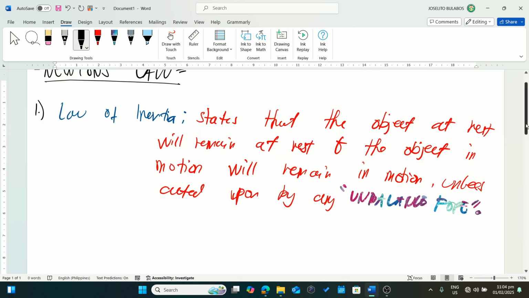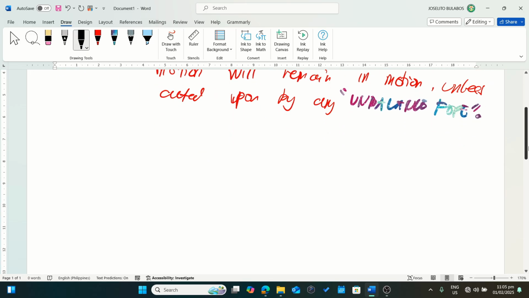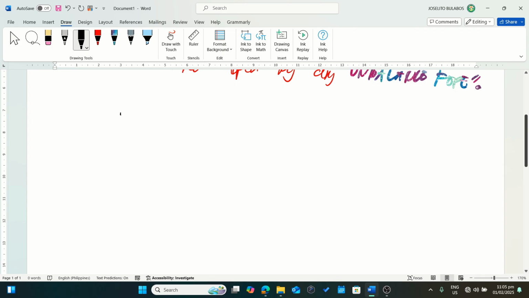Okay, let us go back to our first law. So just like earlier, we defined the first law as this one. It states that the object at rest will remain at rest and the object in motion will remain in motion. Let us clearly understand what this law means. Suppose we have here a rock.